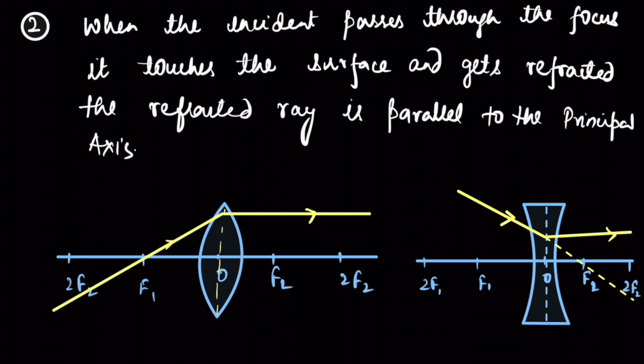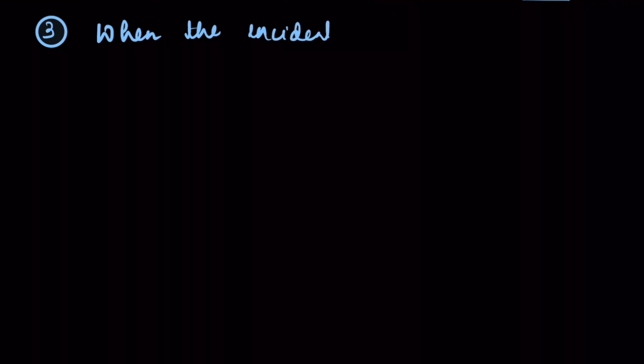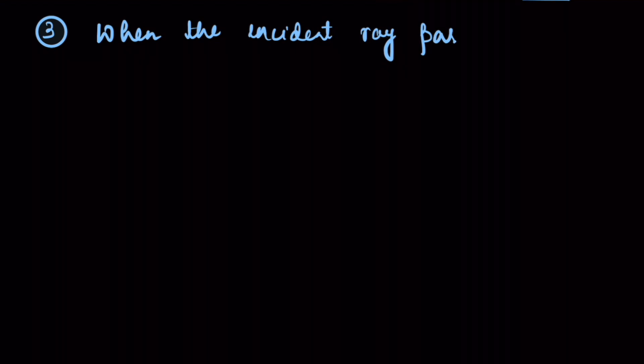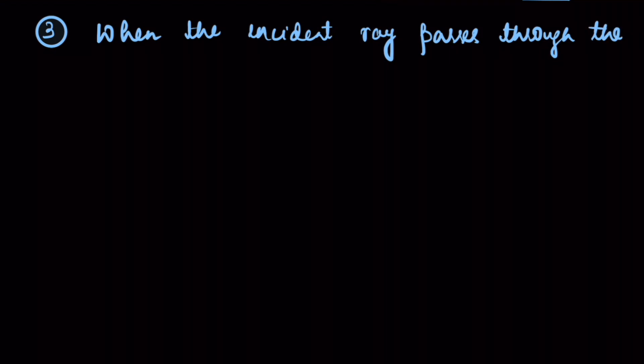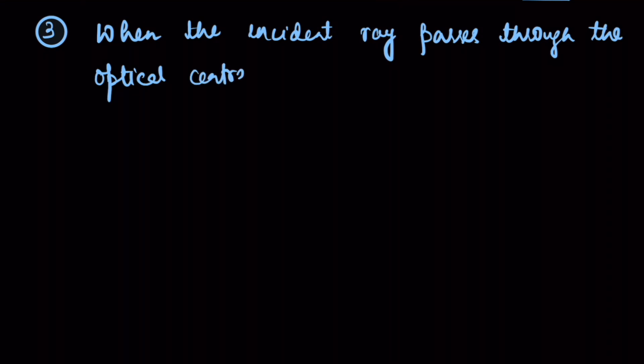Let's move to the rule number 3. When the incident ray passes through the optical center, no bending of light takes place.